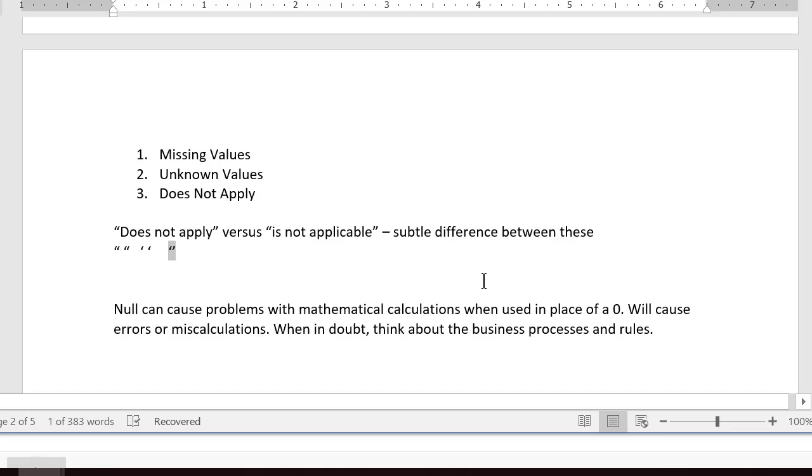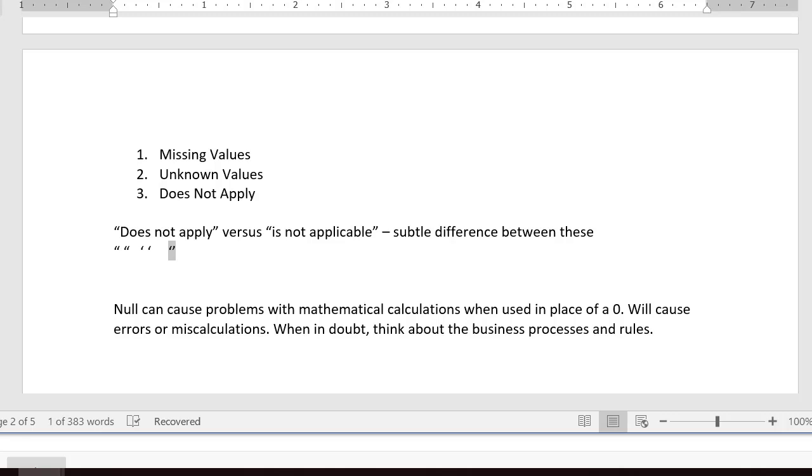Some other information to keep in mind is that when you're using Access and you make a field required, then the user who's using that database has to enter a value. When it's not required, then if they don't put anything in, a null will occur.